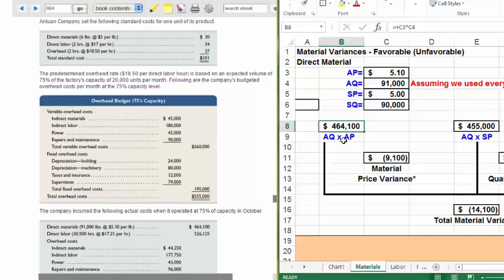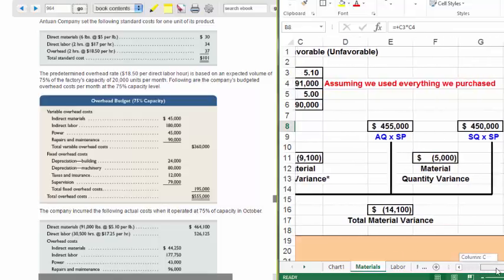Take the difference between these two amounts, and you will see that we get an unfavorable variance indicated by the parentheses, but keep in mind that what we actually spent was more than what we were expecting to spend. See that $5.10 is a little higher than what we anticipated. So as a result, since these are dealing with expenses, are also known as costs, we're experiencing an unfavorable material price variance.